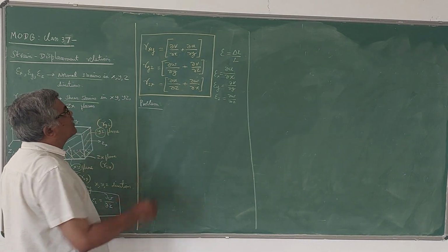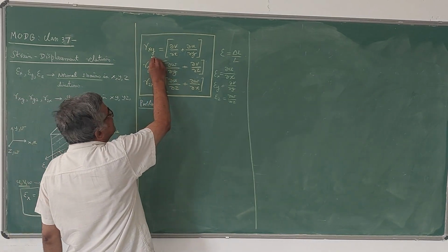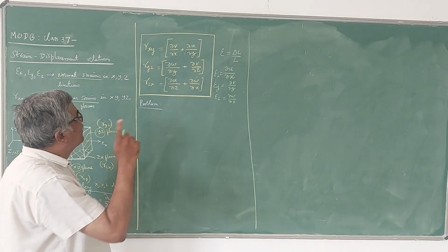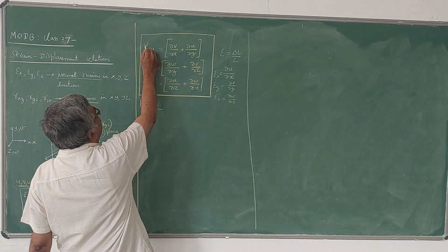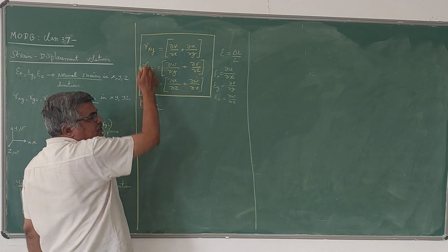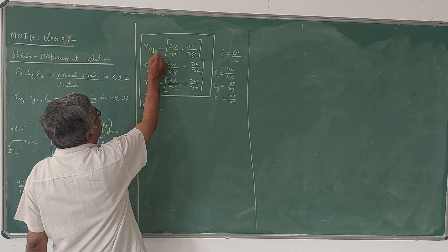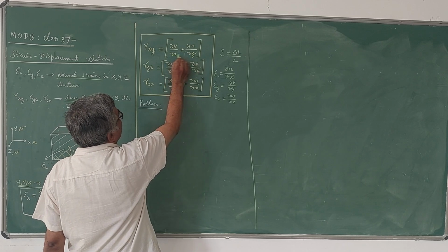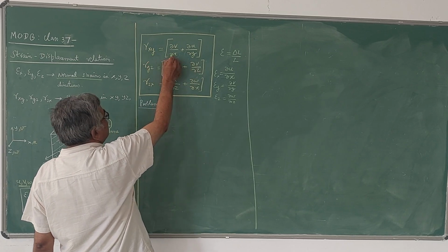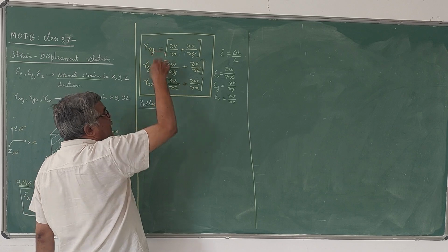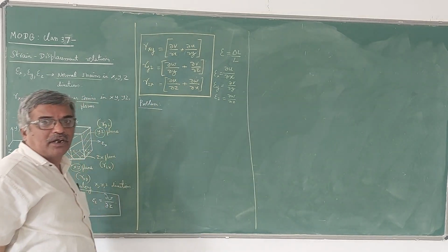So gamma xy is written like this. How to write this? Already I have explained in the earlier videos, you can refer. If you want gamma xy, which is nothing but the shear strain in xy plane, x and y will come in the denominator, ∂x, ∂y. And in the numerator, the other displacement component will be there.